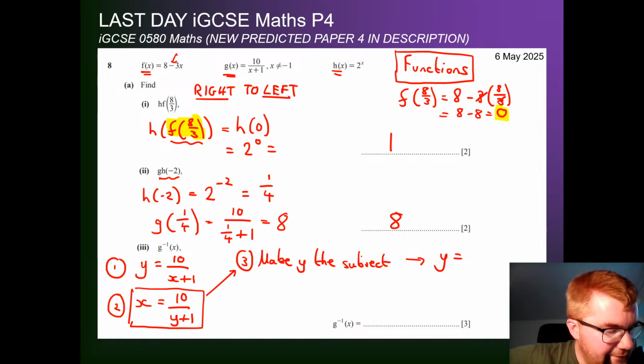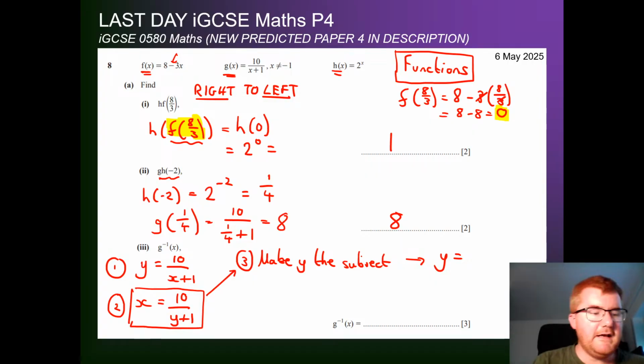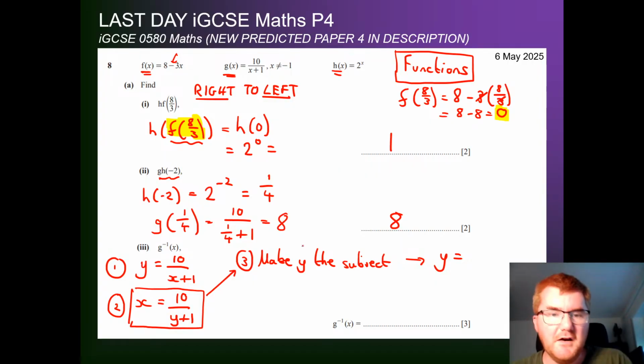So I'm getting 10 over x minus 1, which can simplify to 10 over x minus 1. Okay, so I'm going to speed through this. The way I would do this is just times by y plus 1.